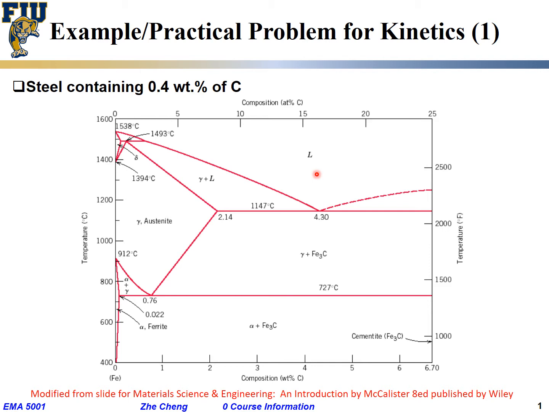Single phase, uniform liquid, whether you are here or here, or at the same temperature, whether you add a little bit more carbon from here to here to here, it's the same single phase. What's the analogy?